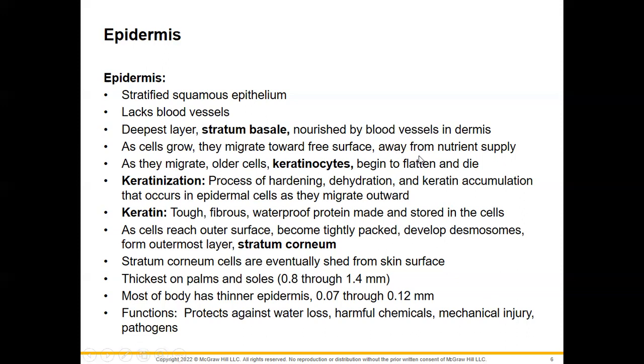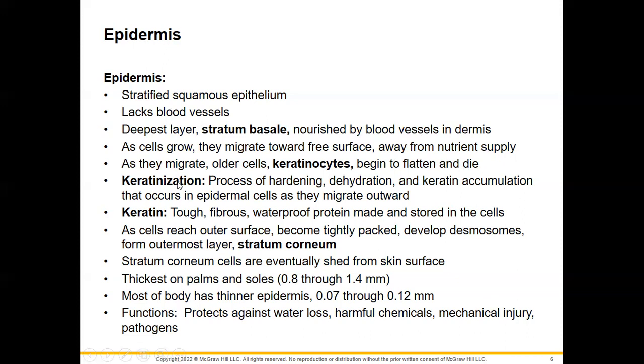As they flatten, they become more squamous shaped and die. So remember, they're moving further away from the stratum basale, which is that layer that's closest to the nutrient supply in the dermis. As they move further and further away, they have less and less nutrients available, and that's part of the reason why they die.